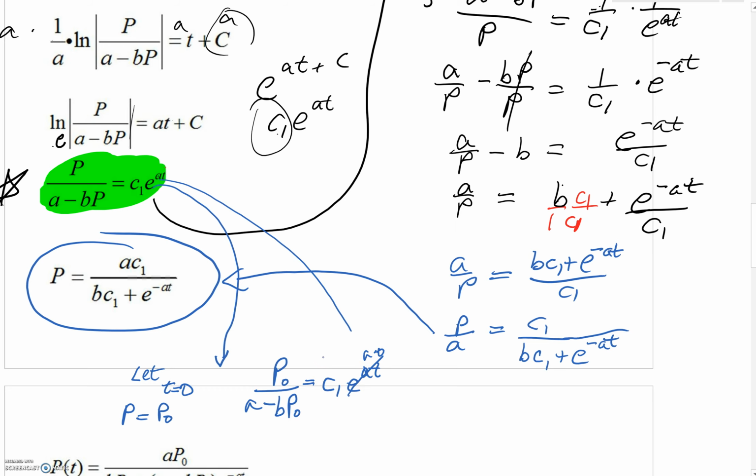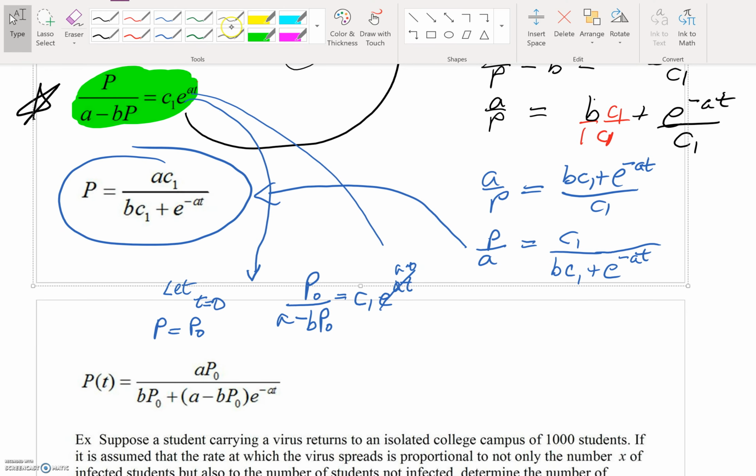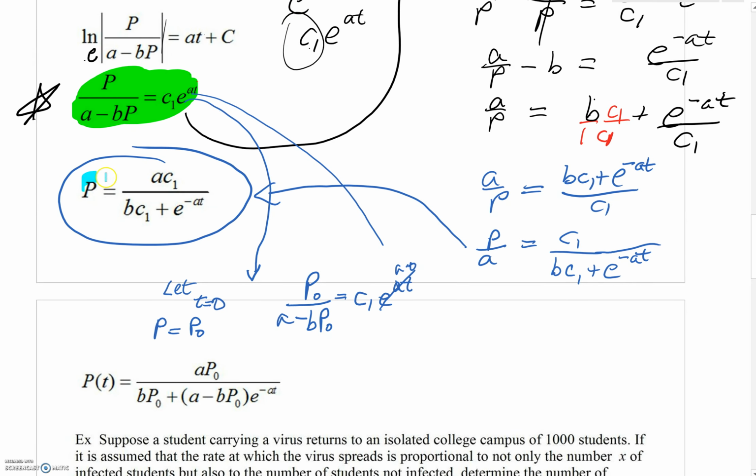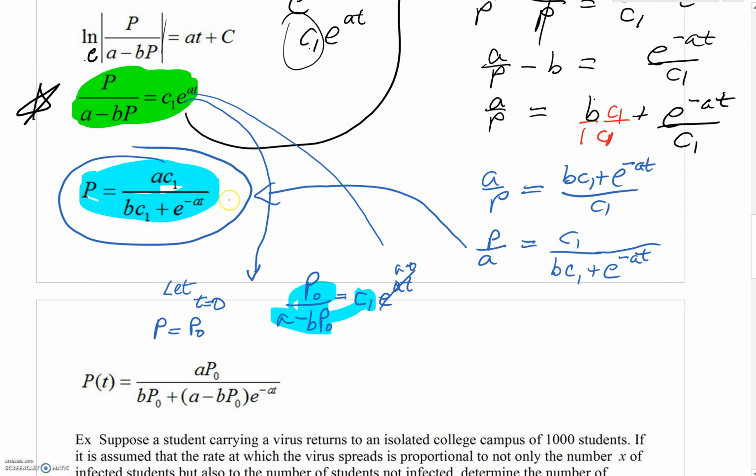Well, here's how. Right now we can come back and look at this equation in blue. But look what we just found. We found out what C sub 1 really is. So we can say that P is equal to A times C1.